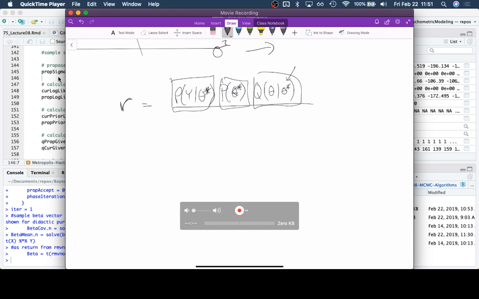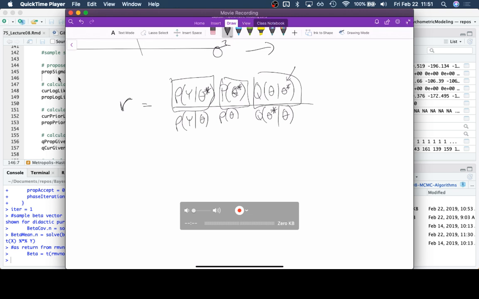If it's not symmetric, this needs to be there. The denominator is the likelihood of our data given our old value of the parameter, times the prior likelihood of our old value of the parameter, times the likelihood of jumping to our new parameter from our old value. That's the Metropolis-Hastings ratio.